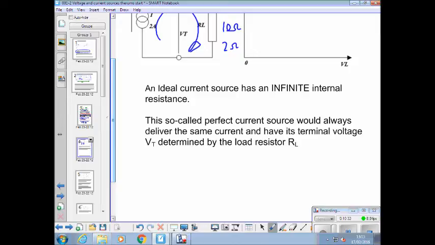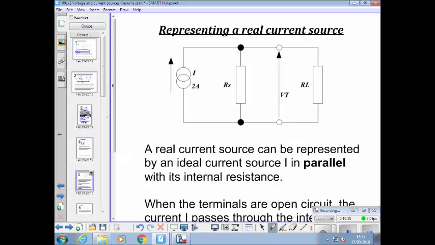However, real current sources, like they can't supply an ideal voltage all the time, they can't supply an ideal current either. So the way we represent a real current source is by having its internal resistance as a parallel resistance. So this continues all the time as considered to deliver 2 amps all the time, and it has an internal resistance here of infinite ohms, i.e. an open circuit.